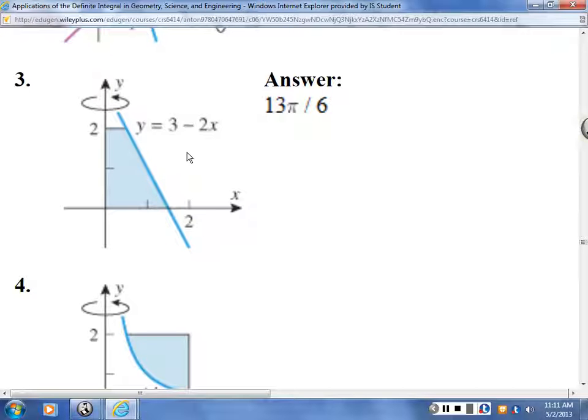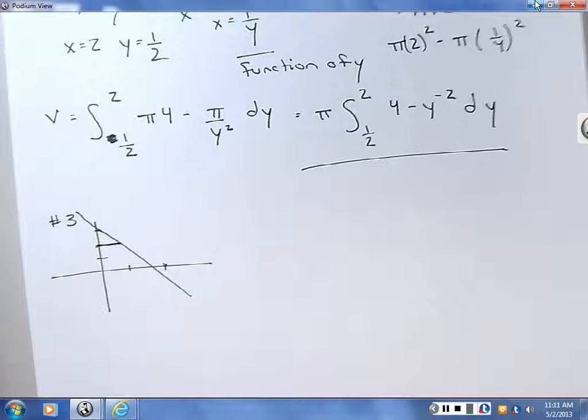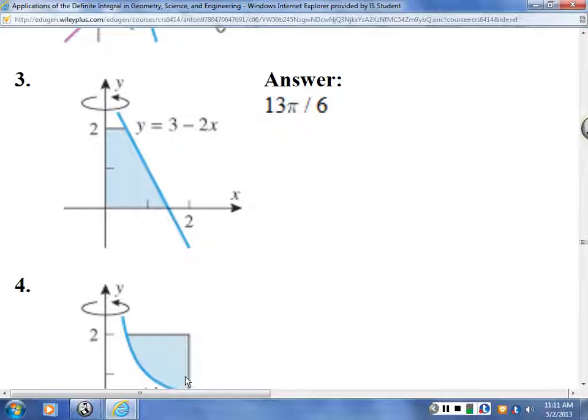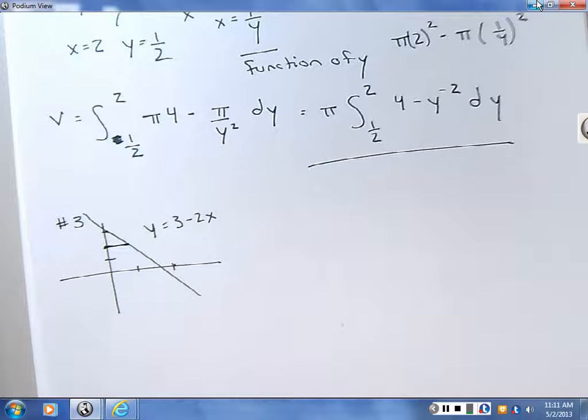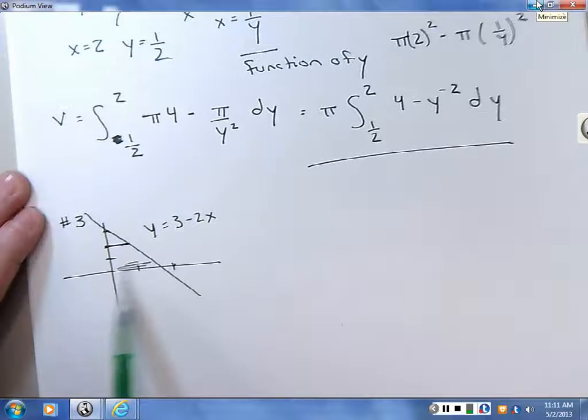And what was the equation of the line? y equals 3 minus 2x. I'm looking for this shaded region, and it's rotated about the y-axis.